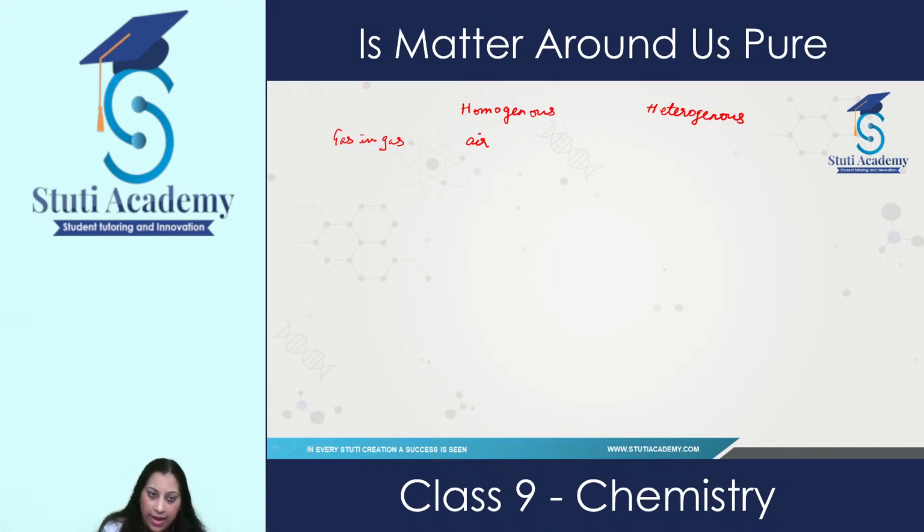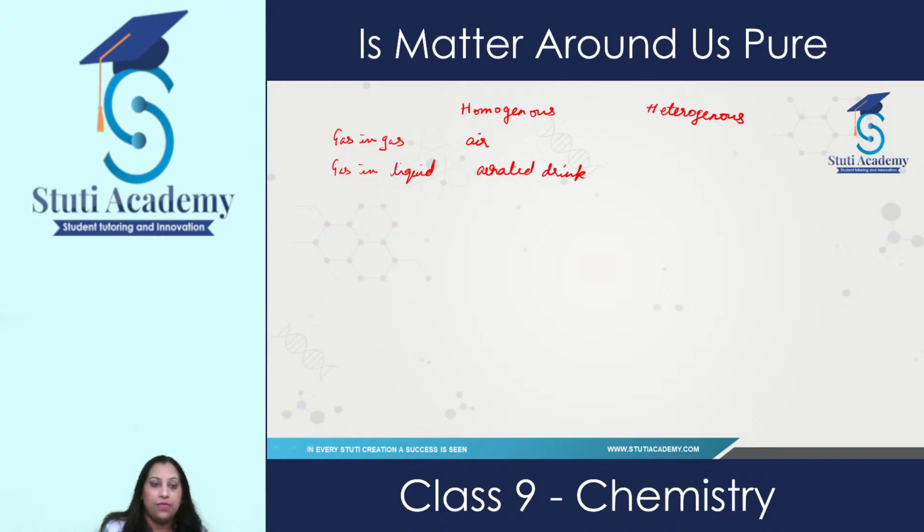Now second is gas in liquid. Example is aerated drinks, like sodas and cold drinks which you are drinking. It's an example of homogeneous mixture. So these are the examples of homogeneous mixture.